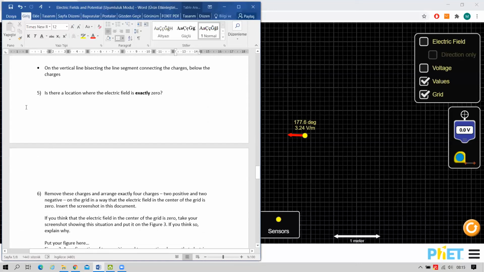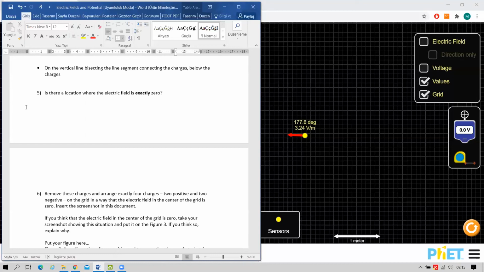So number 5 in part 2, is there a location again where the electric field is exactly 0? Once you replace the negative charge by a positive charge, you don't have a dipole anymore, because a dipole is defined to be two charges of equal magnitude but opposite in sign.